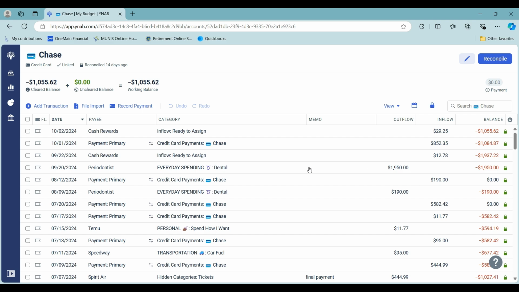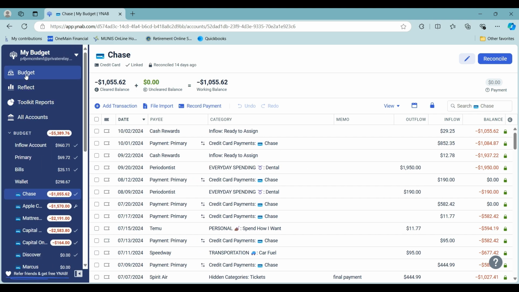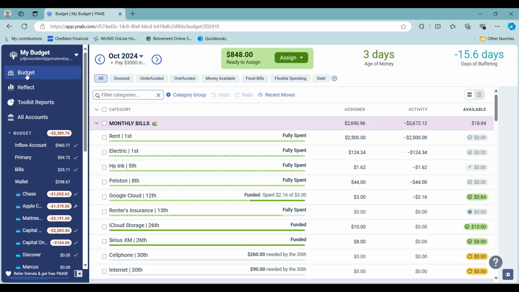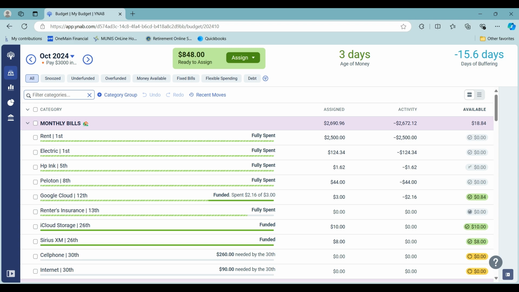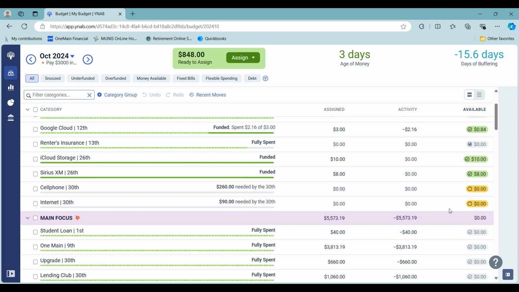Should I just go ahead and throw that $848 towards the card, or should I put it in the budget? Because mind you, we are getting another paycheck before the month is through. Our payday is on the 25th. So we will have some additional money to assign to the rest of the categories that we are lacking in funds.